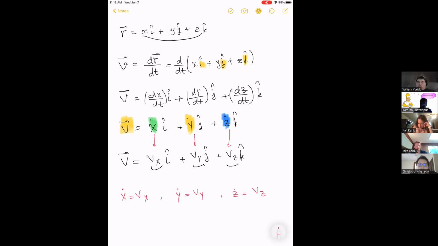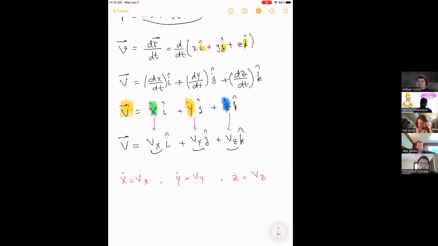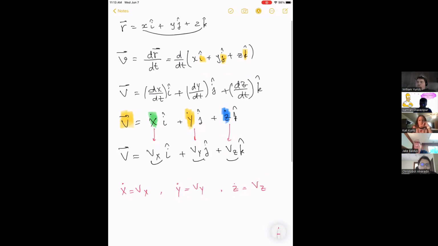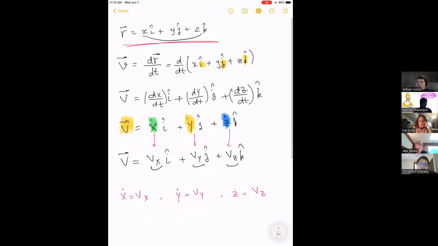Does that make sense? Interestingly, when you analyze a motion in the Cartesian coordinate system, you divide it into x, y, z from the beginning, and then the velocity components are also independent. You see in vz, we don't have y or y dot or x dot or anything. Vz only depends on z, vy only depends on y, and vx only depends on x, right?